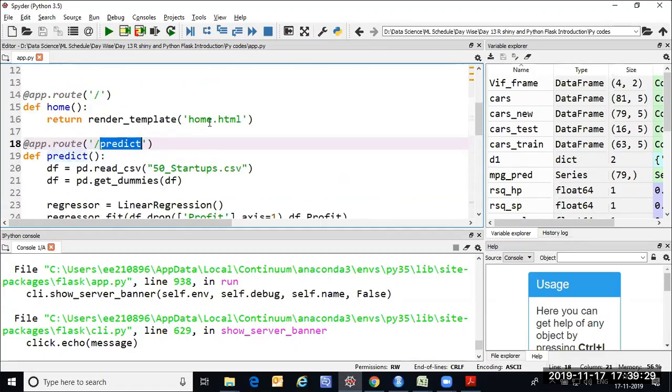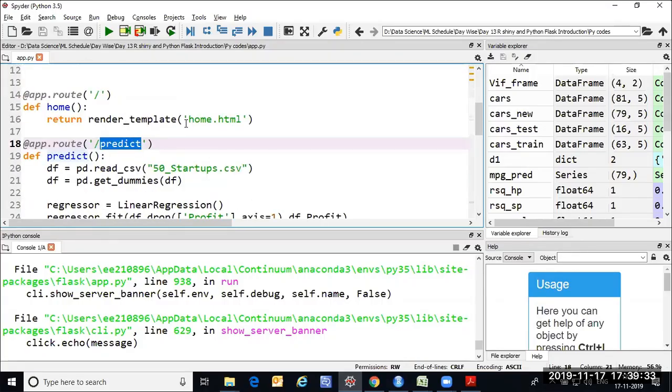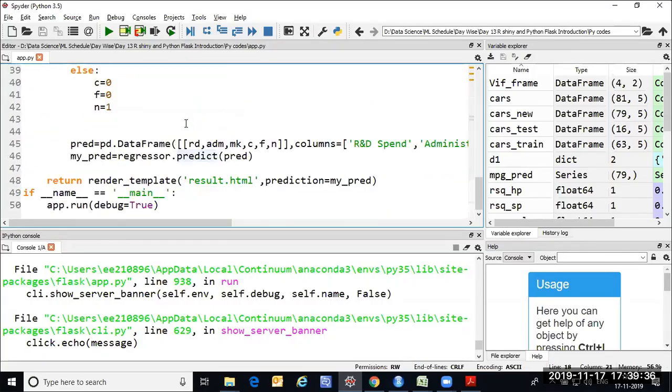Home of render home template. Pass name. If name equal to main.